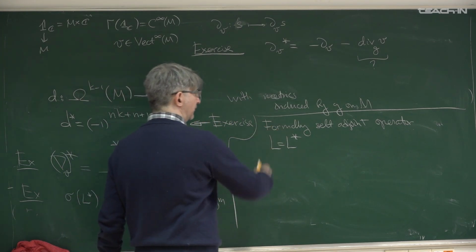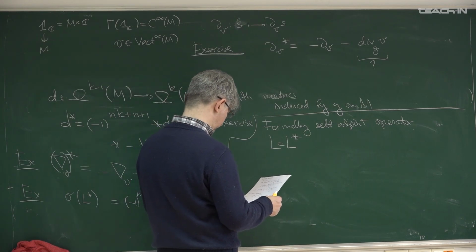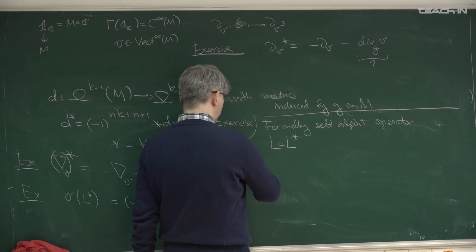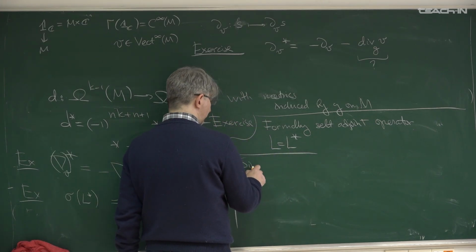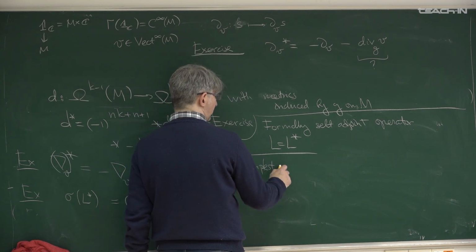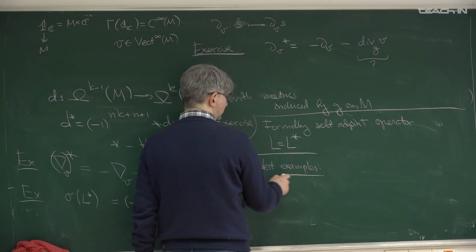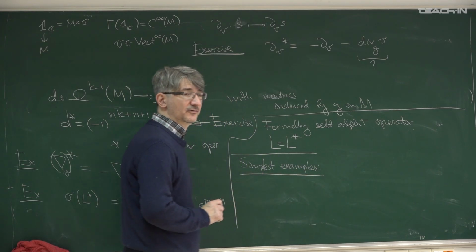What is the formula of self-adjoint operator? Simplest examples. How to construct self-adjoint operator?